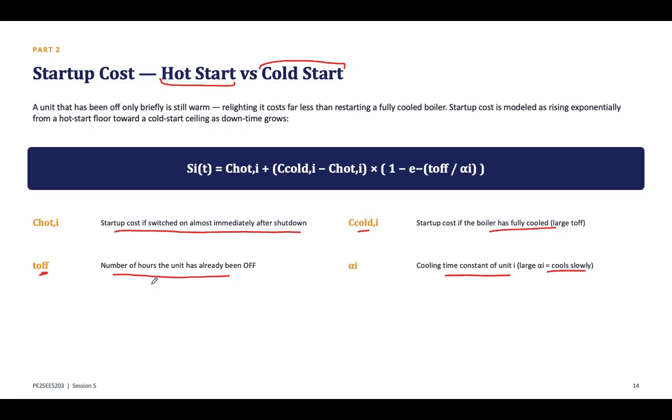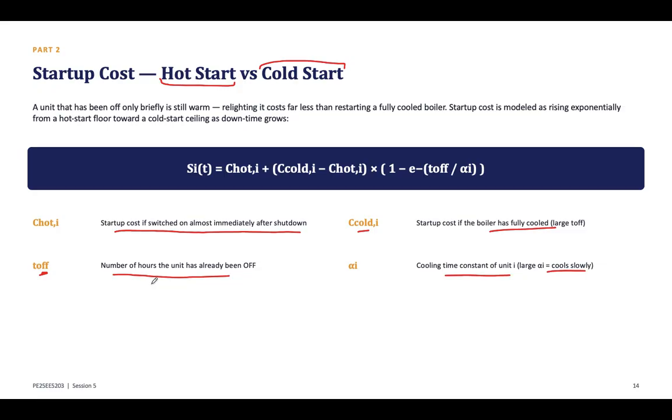Some practical systems instead use discrete hot, warm, and cold categories based on thresholds of downtime, but we are not using warm in this particular equation. The underlying physical idea is the same: thermal state deteriorates with time off, right? So the next startup cannot be valued independently of shutdown history.